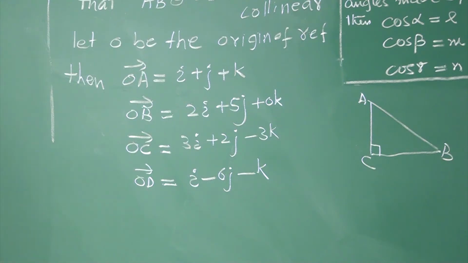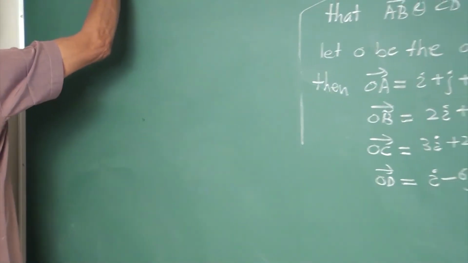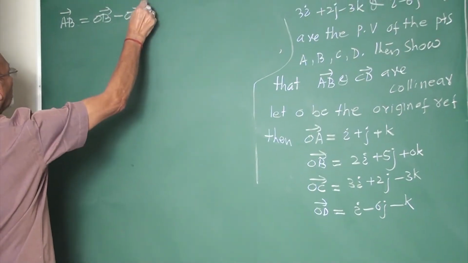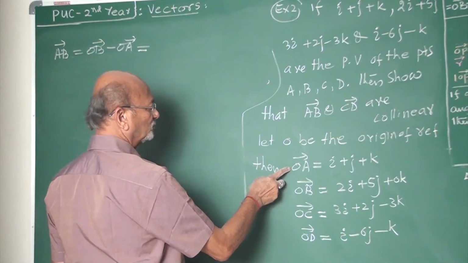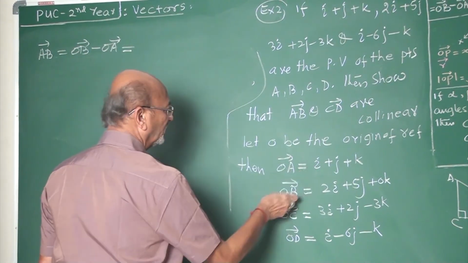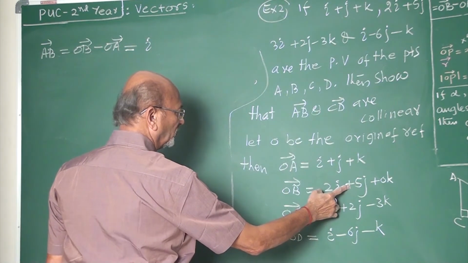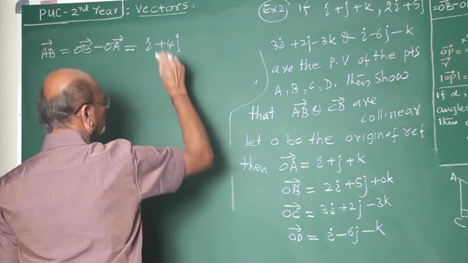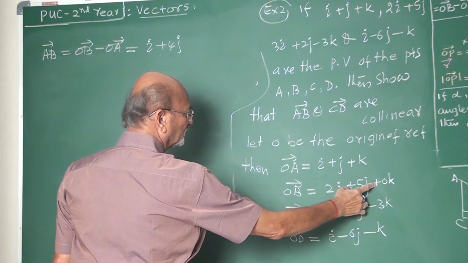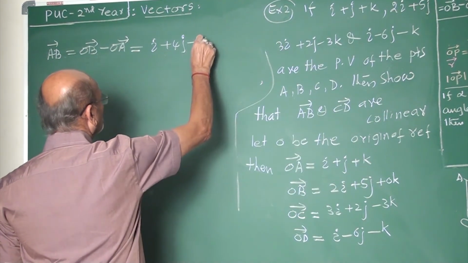You have to find AB and CD. Vector AB is OB minus OA: 2i minus i, plus 5j minus j, 4j, and 0 minus k.